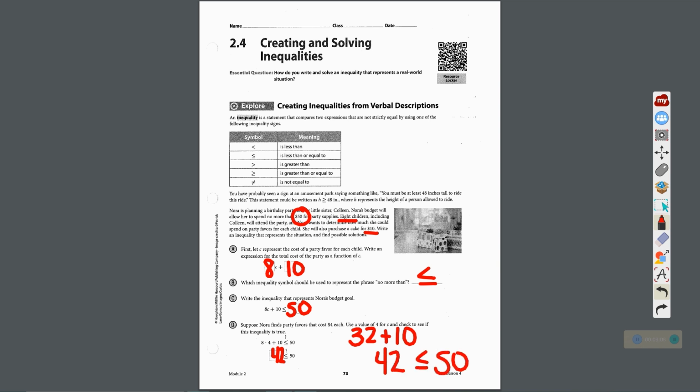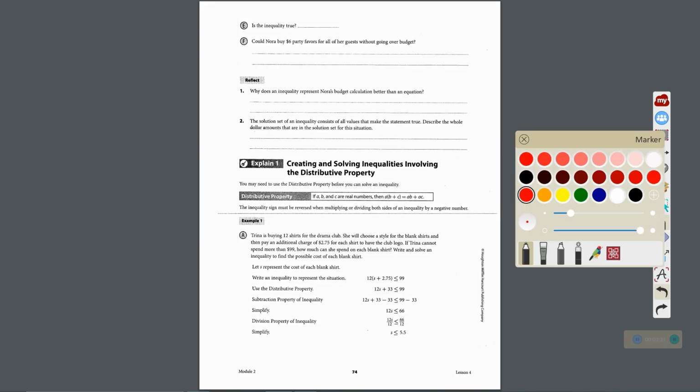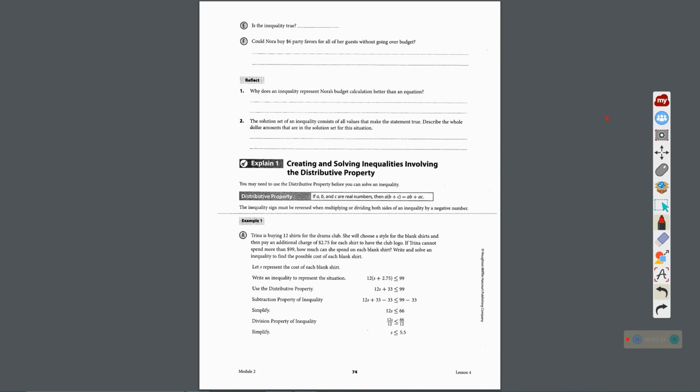And that is true. All right, so then in part E, is it true? Yes.